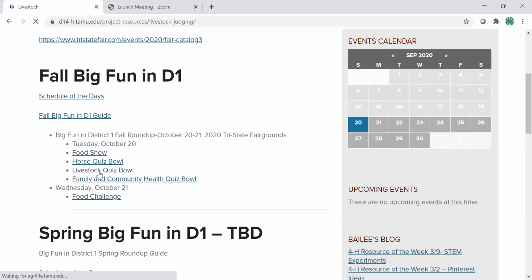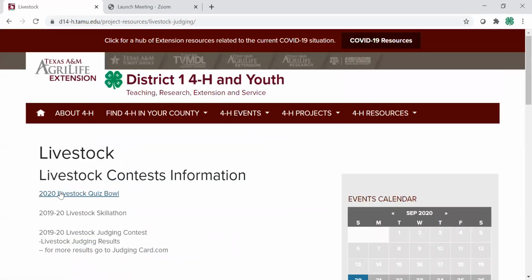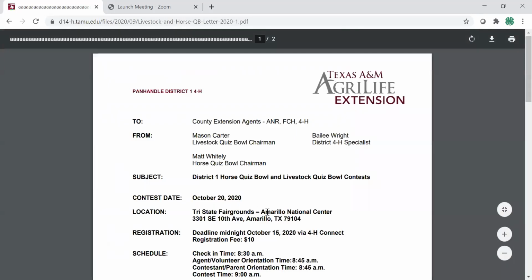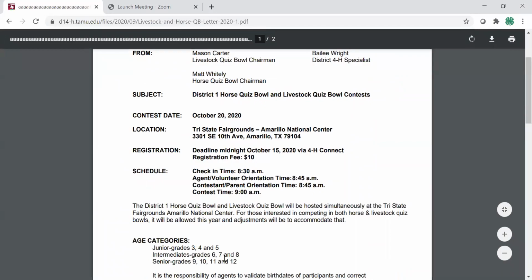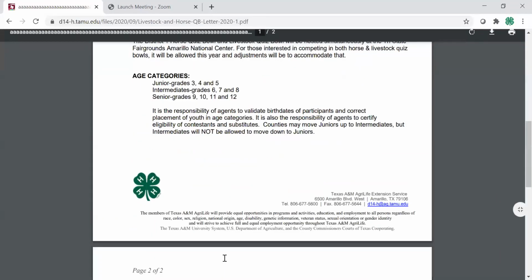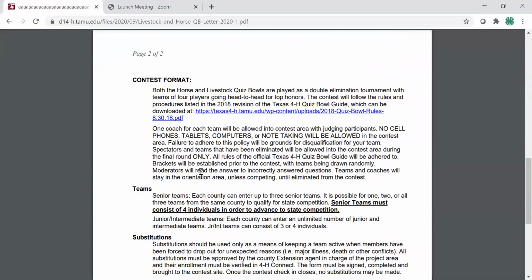If you click here on our district website, it's going to give you another link, and this is the link to our district letter. This information is specific to the D1 contest, so I really want y'all to read through these. The first page is just the basics of the contest, and then it goes into some contest format.